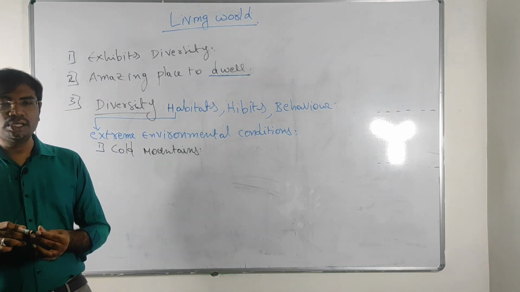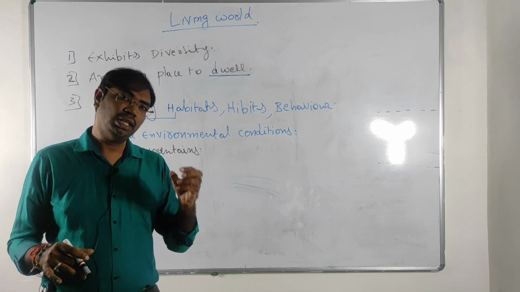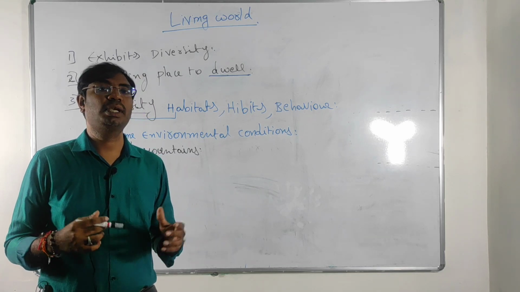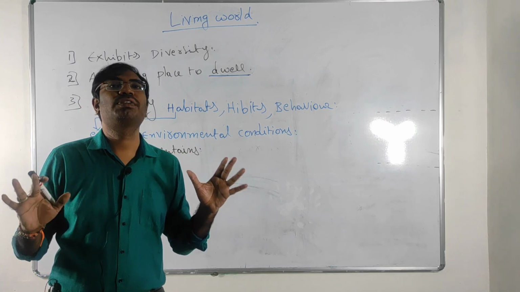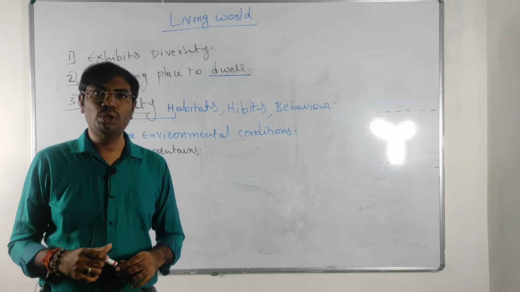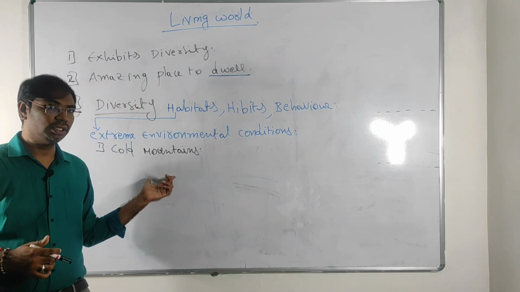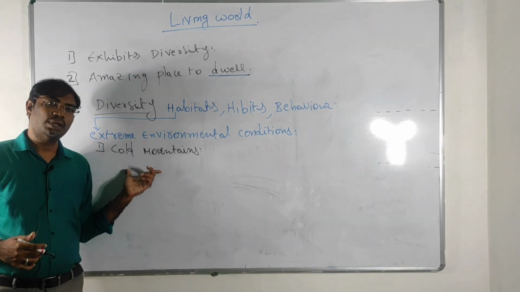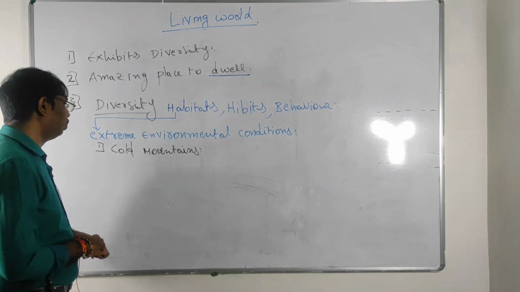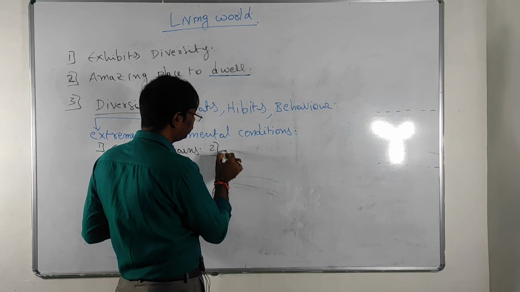Because the climate temperature is very low, even minus degrees, like minus 30 and minus 40, it is very difficult for other organisms to survive on the cold mountains. So a very small number of organisms are present in the cold mountains, but some organisms like the polar bear are able to survive there. The second one is salty lakes.